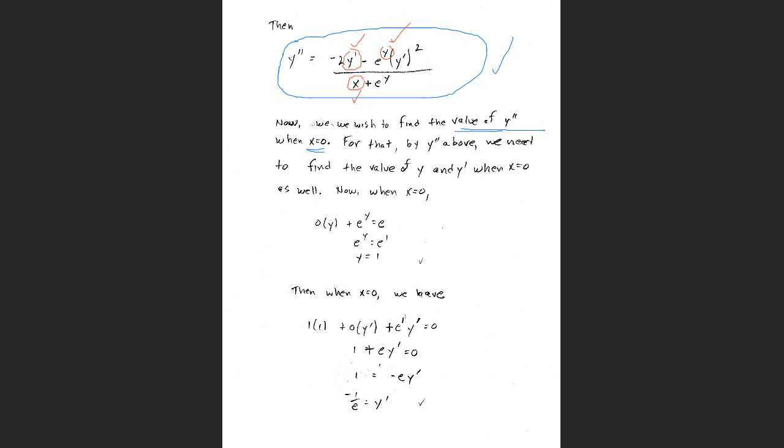So what we have to do is go back and solve for those. First, let's focus on y. The original equation was x times y plus e to the y equals e, right?